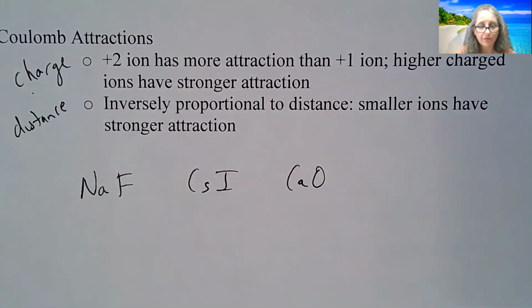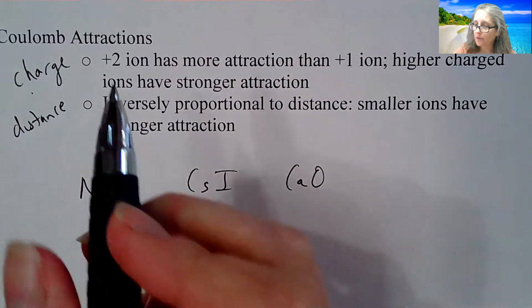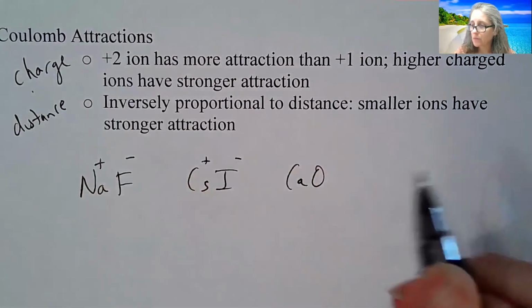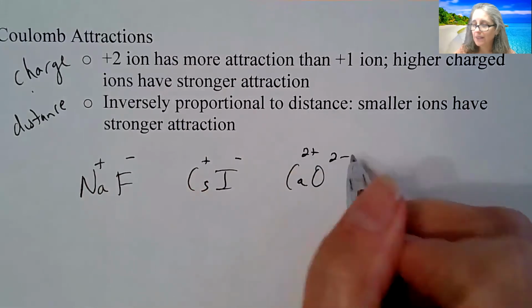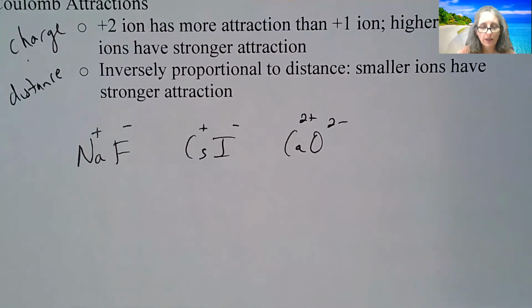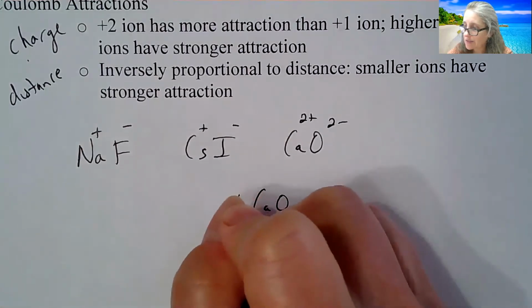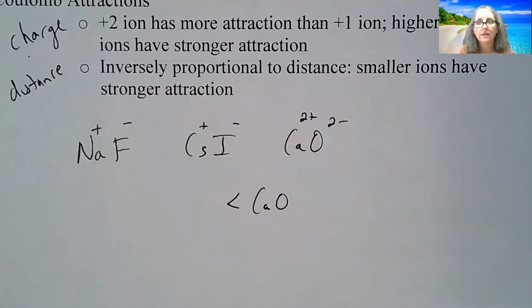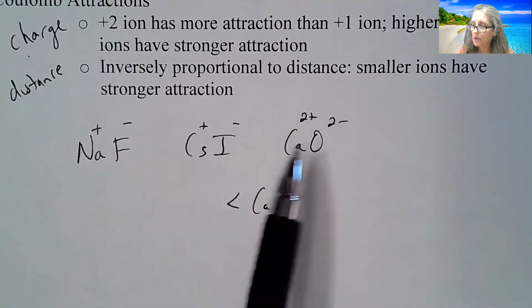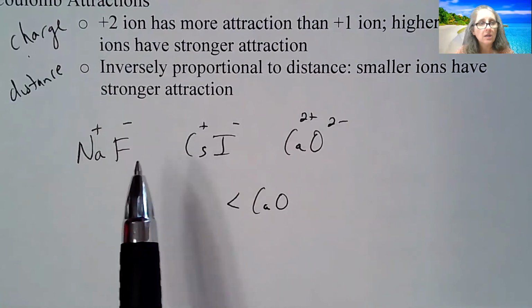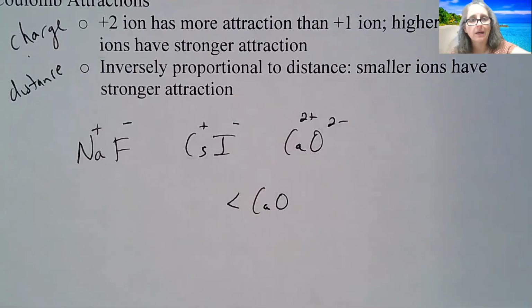Sodium fluoride is +1, -1. Cesium iodide is +1, -1, but calcium oxide is +2, -2. So when comparing these, I know that calcium oxide is going to be the strongest of all of these. And if I don't have a difference between their charges, I have to look at size. So I have to look at where they are on the periodic table.